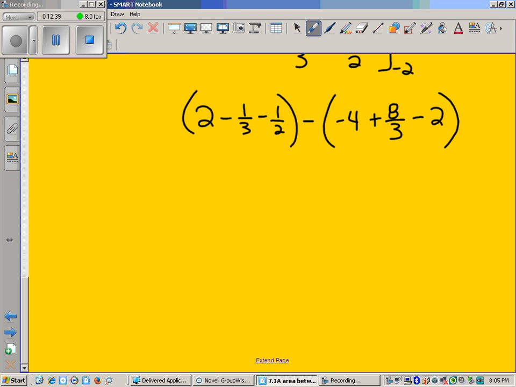Alright, when you combine those, you get a common denominator. You should get 27 over 6. That can be reduced to 9 halves, 9 over 2. So that is the area underneath the two curves.